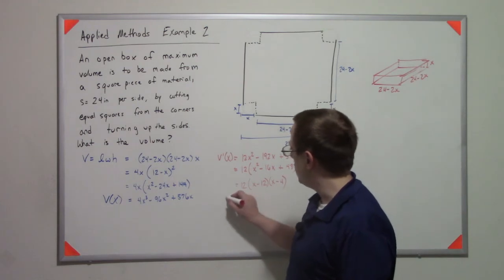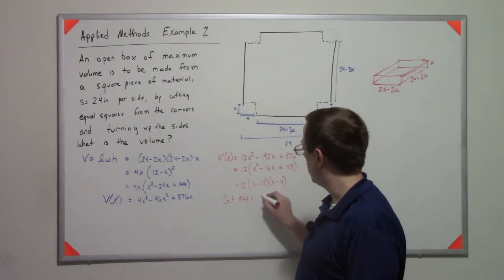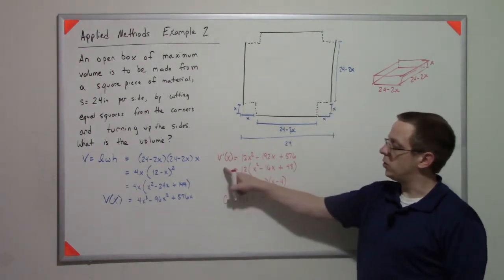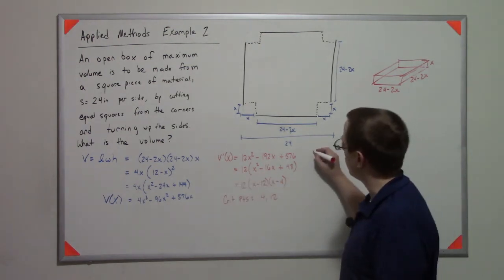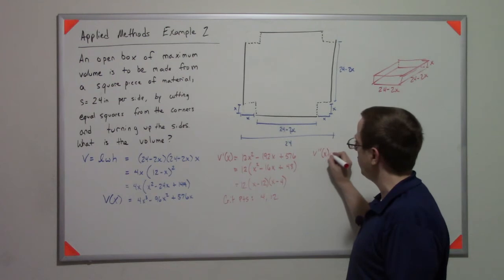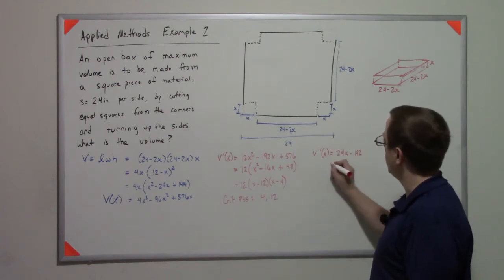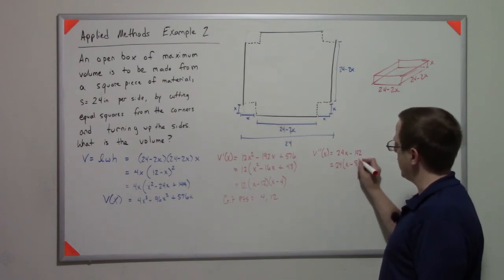So that gives me critical points of 4 and 12, because if x is 4, then this derivative is 0. If x is 12, this derivative is also 0. For good measure, let's get the second derivative. We get 24x minus 192, which is 24 times x minus 8.